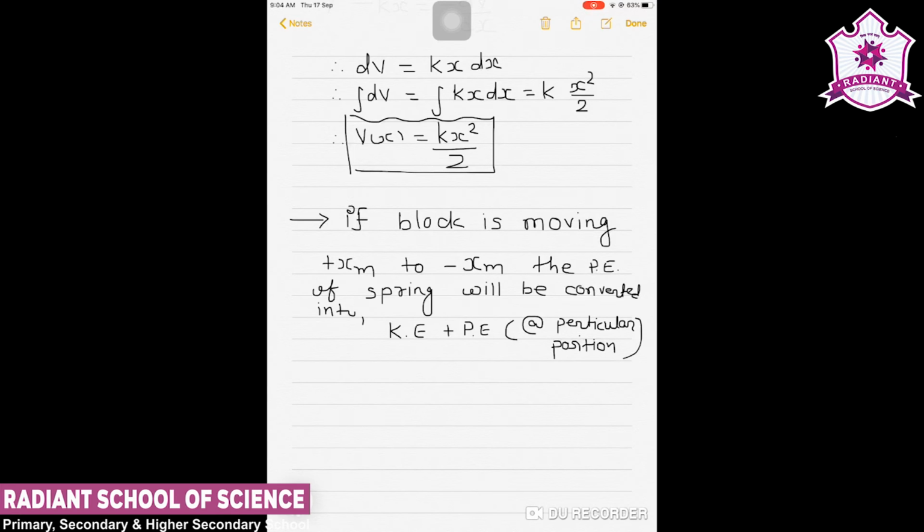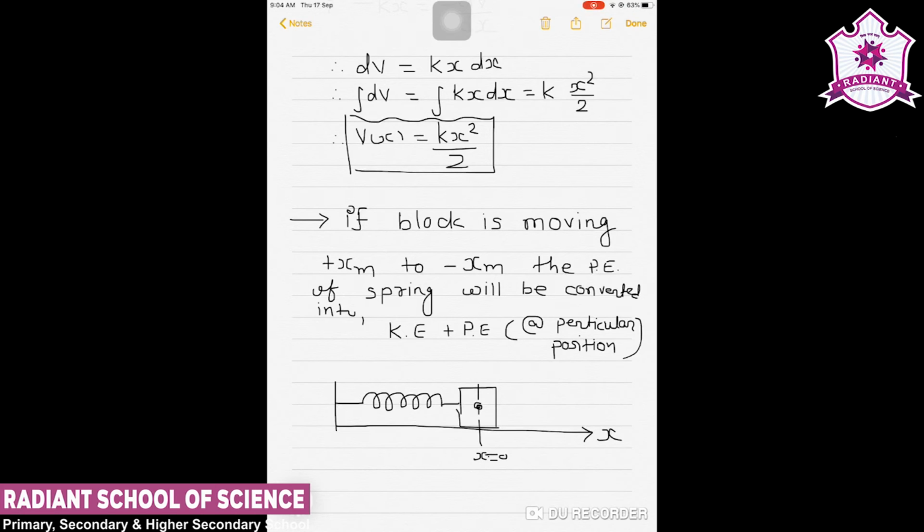So in this case, we will consider that the spring and block system is initially in equilibrium at x equals 0.